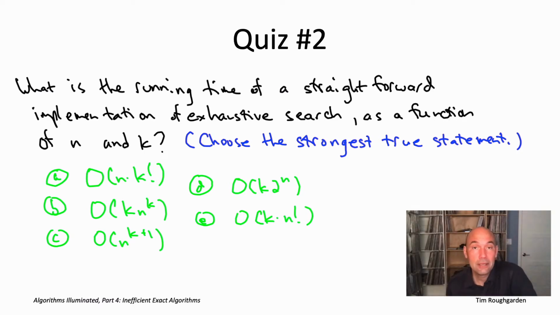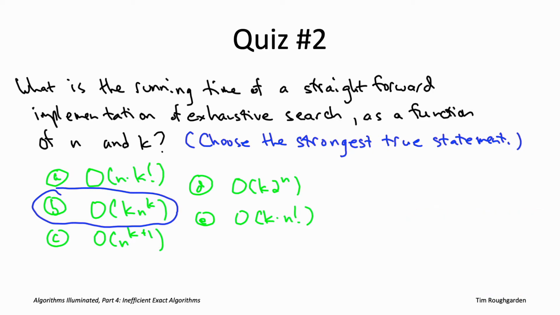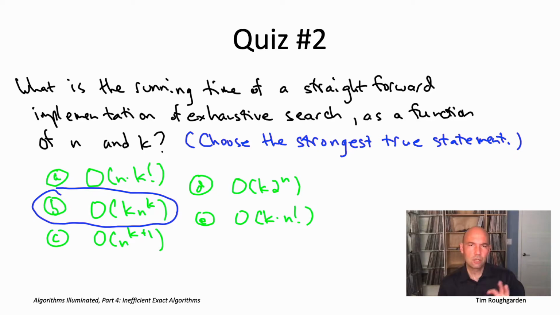So the answer to the quiz is the second one, big O of k times n to the k. That is the running time of the most straightforward version of exhaustive search. The simplest version of exhaustive search doesn't explicitly enumerate paths, rather it just enumerates ordered tuples of k vertices.